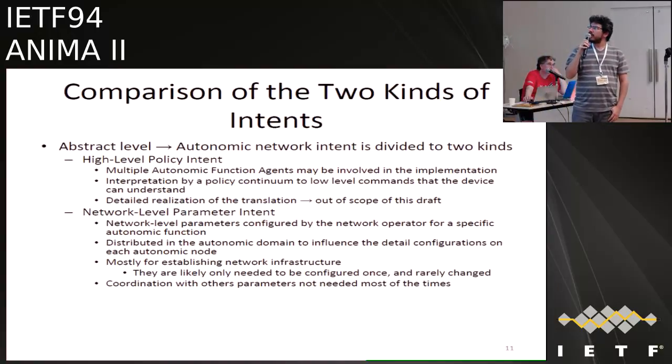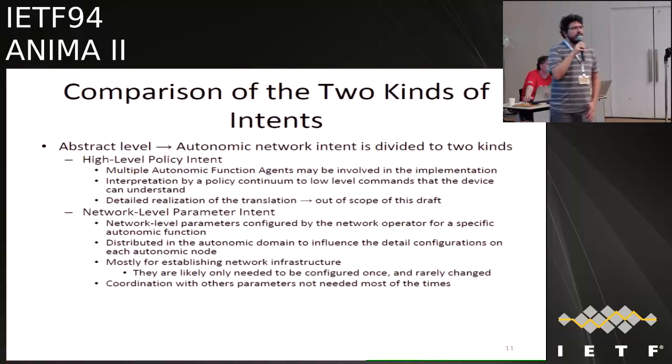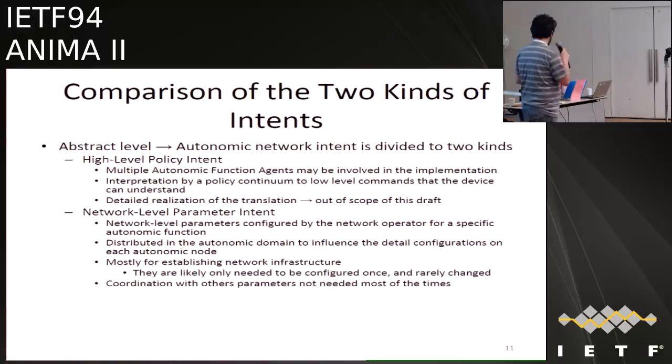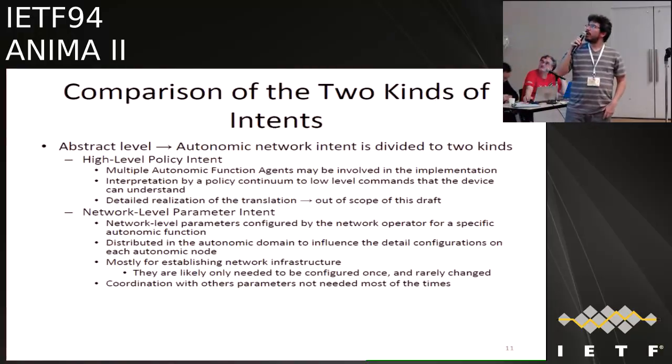And also, we think that these are more stable intents, since after the network is configured in the same way, it's not necessary to change this frequently. And also, coordination is not necessary most of the time considering these lower level intents. So it's also a division in terms of complexity of each class. Next slide.